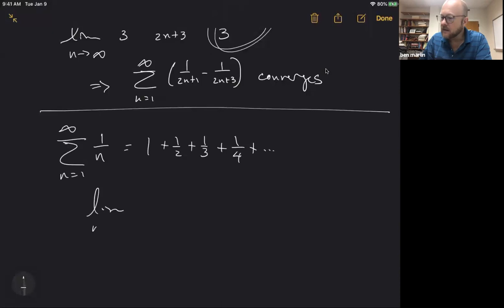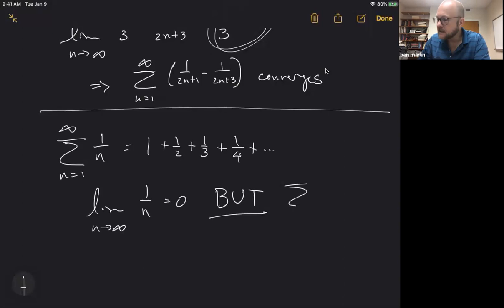You know that the limit as n goes to infinity of 1 over n equals 0. But this summation from n equals 1 to infinity of 1 over n diverges. Okay, and we'll see that with the integral tests and stuff that we'll do in the next video.